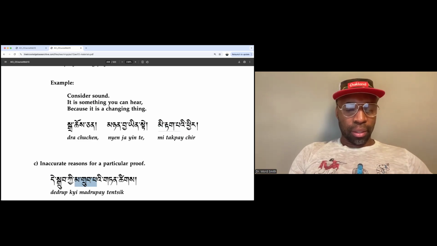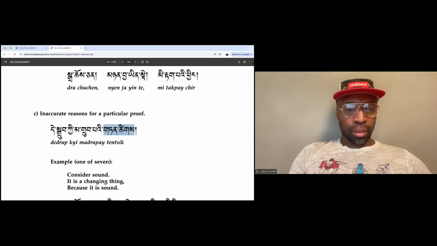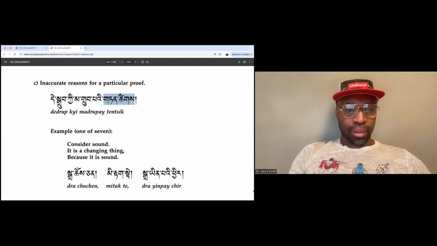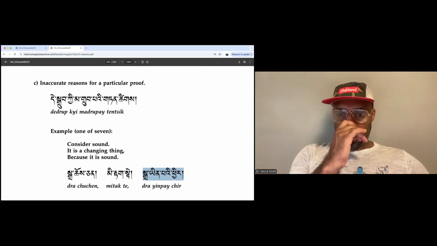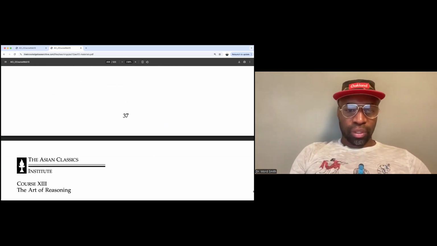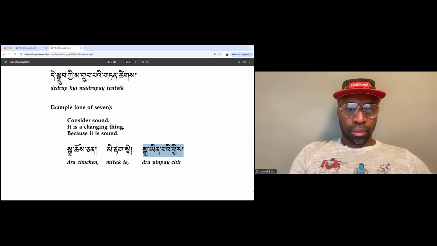Literally, inaccurate is what Geshe put, that kind of reason. Consider sound is a changing thing because it's sound. It doesn't prove. There's seven of those. He only gives one though.